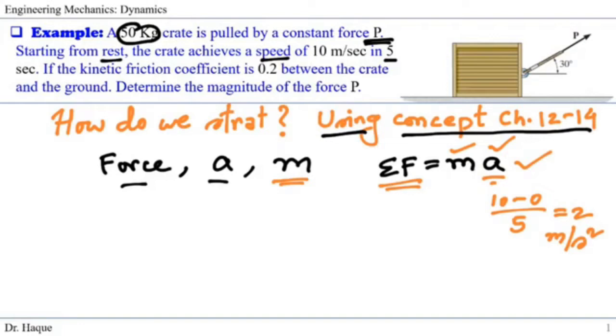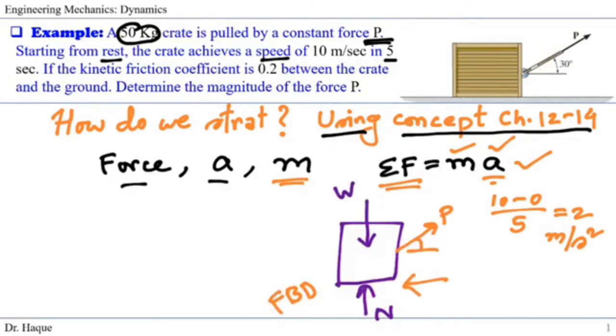Right, we have to draw a free body diagram. In a free body diagram, we should show all the forces acting on the body. In this crate, there is a mass, so there should be a weight acting downward. Since there is a weight, there will be a normal force of the ground on the crate.